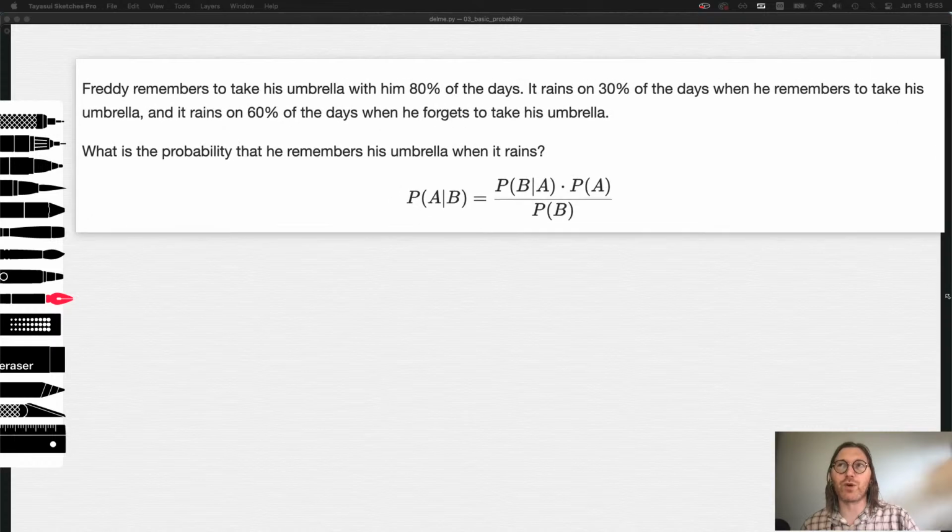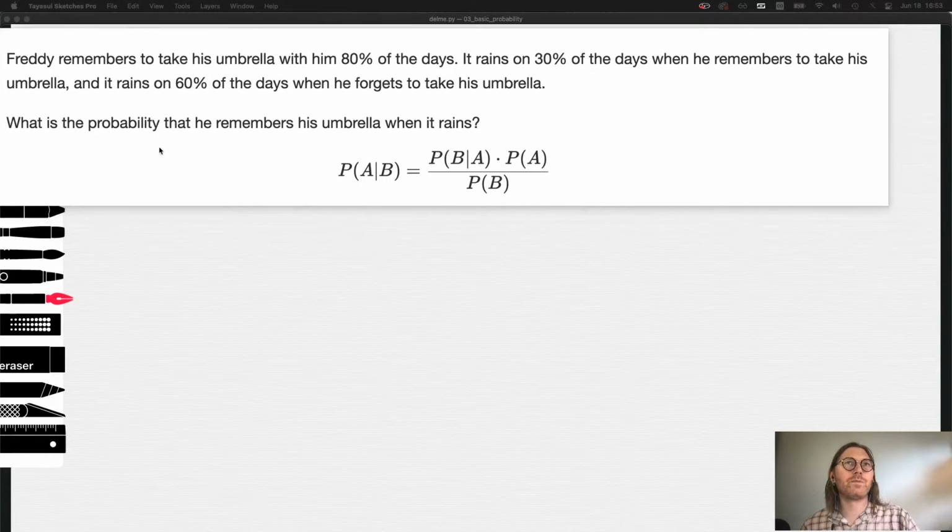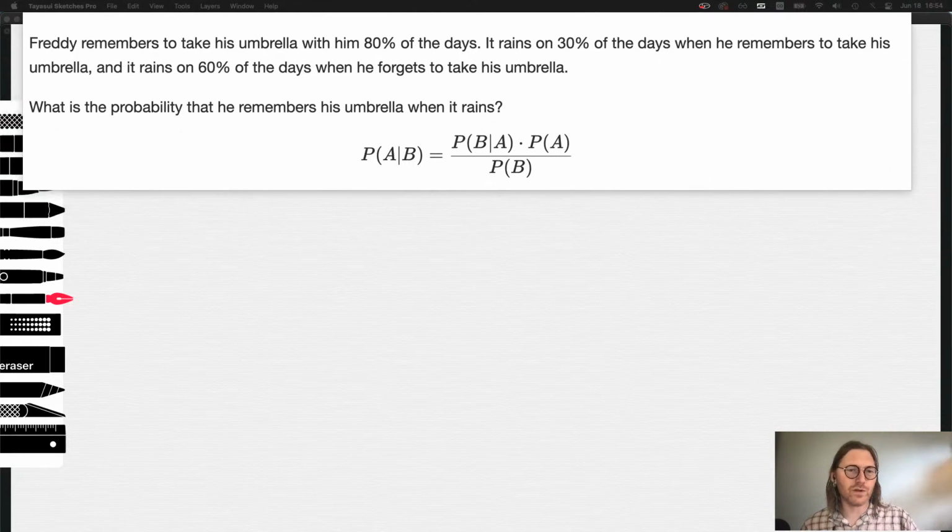It's a little bit of a brain puzzle. I've got it up here. So let's think about this. Freddie remembers to take his umbrella with him 80% of the days, and it rains on 30% of the days when he remembers to take his umbrella, and it rains on 60% of the days when he forgets to take his umbrella.